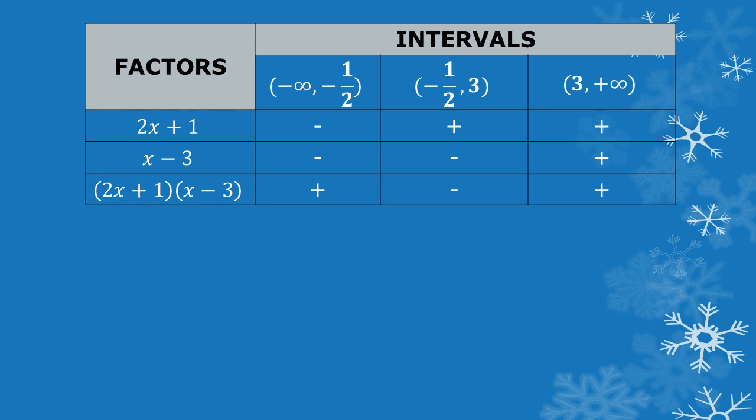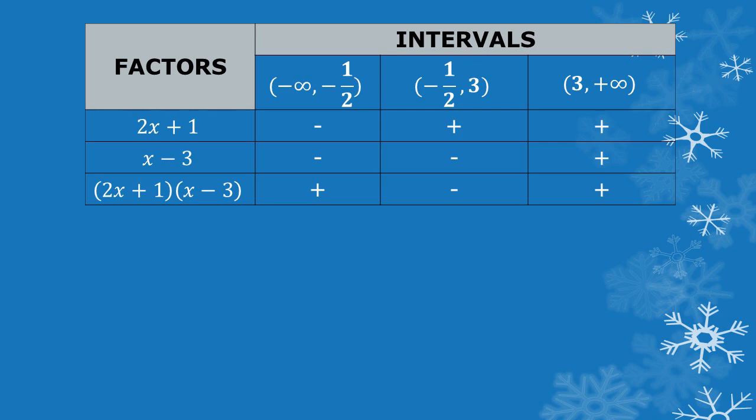So if we find the product of the signs and intervals, the first interval will have negative times negative is equal to positive. In the second interval we have positive times negative, which will have negative.